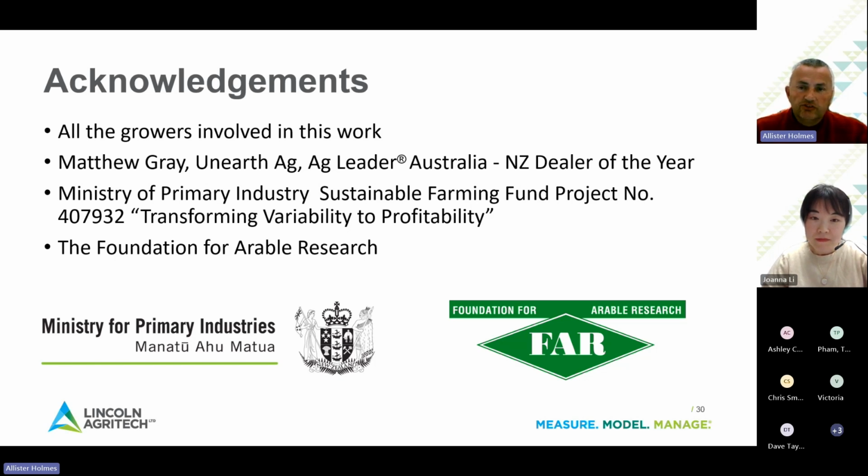Part of the challenge is that if you're a grower and you decide you want to analyze your own yield data using a GIS software tool, it's a slow process to learn the GIS software tool.